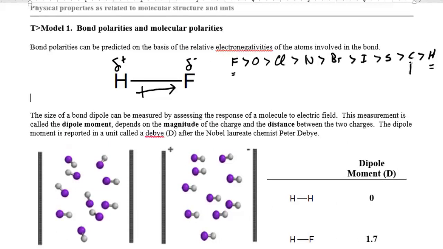If you consider the carbon and then think about chlorine, chlorine is further away from the carbon. Chlorine is more electronegative than the carbon. That's a more polar bond. Bromine is closer to the carbon. The difference in electronegativity between bromine and carbon is smaller. That's a less polar bond, and etc.